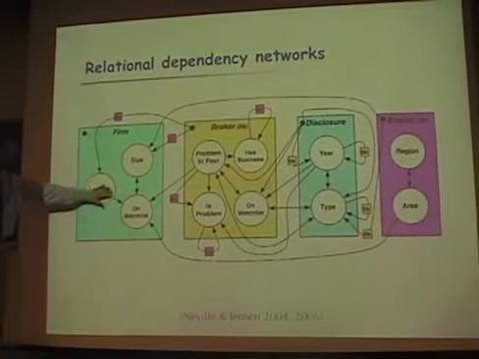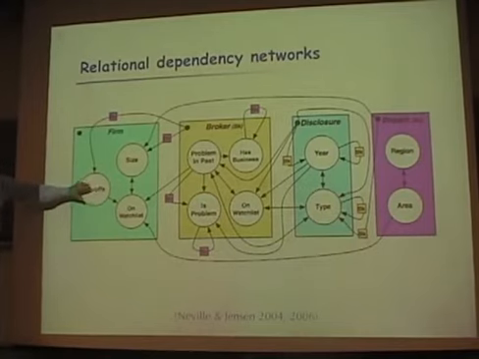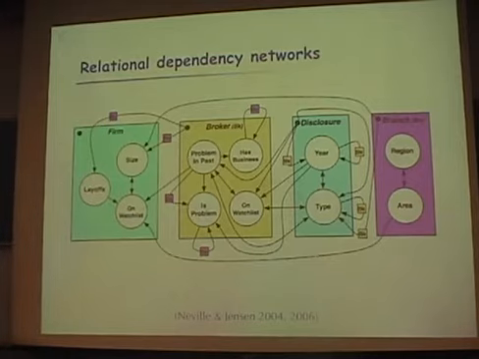And obviously circles, nodes in the network, represent variables, and these indicate statistical dependence. Now this is not a Bayes net. This is a dependency network, some work done by David Heckerman and company about 2000. That was on IID data, and we're taking that and making relational dependency networks.